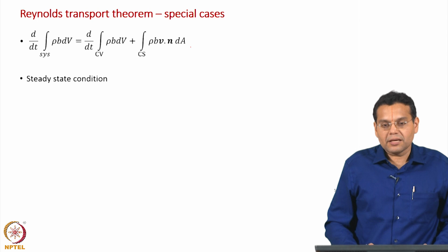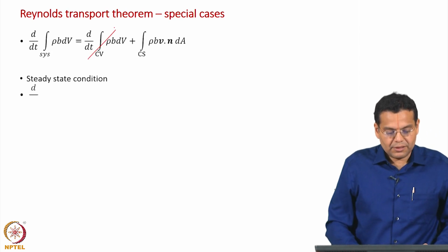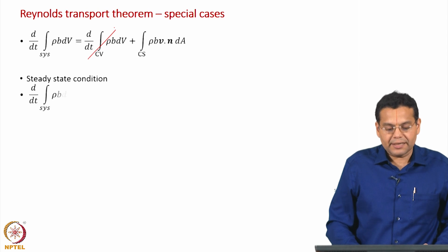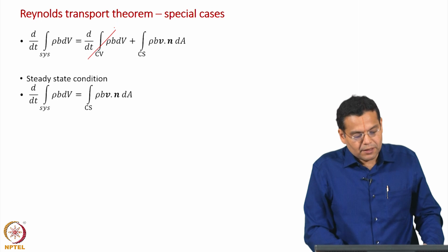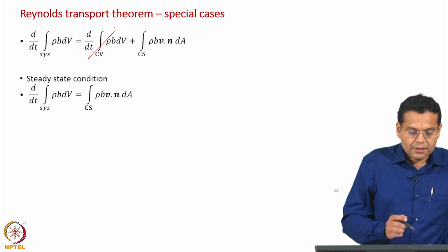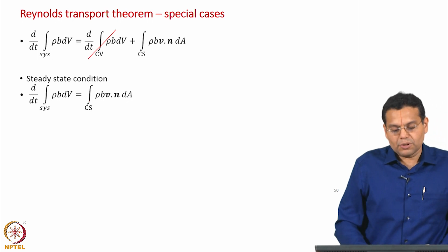Since the tank, which is a control volume, is operating under steady state condition, this term is 0, and so we are left with the left hand side, the rate of change of property for the system, and on the right hand side only the term corresponding to the net rate at which the property leaves the control surface. Okay.